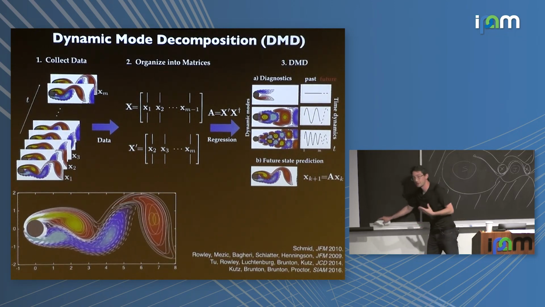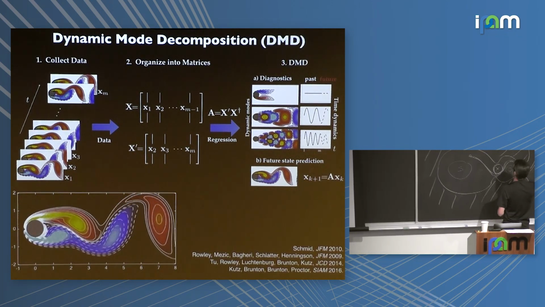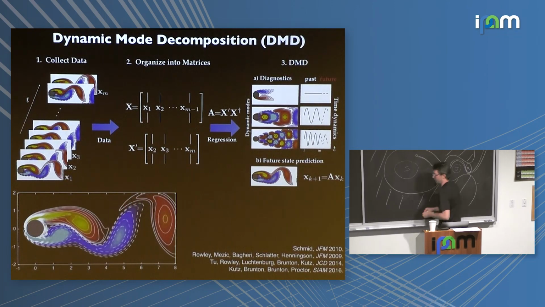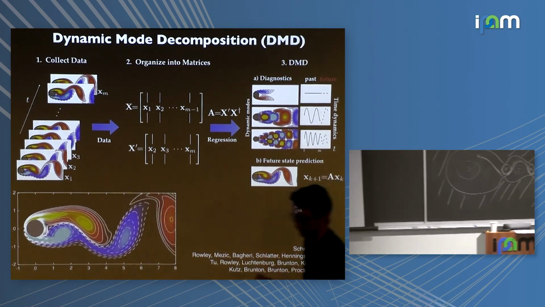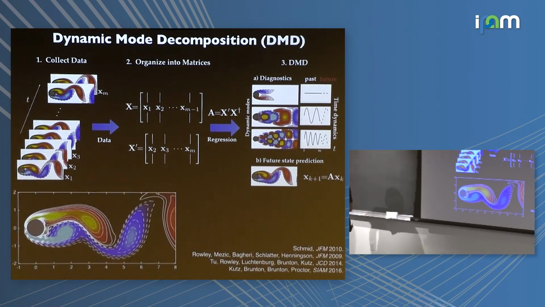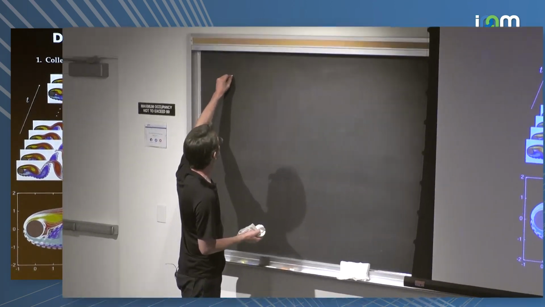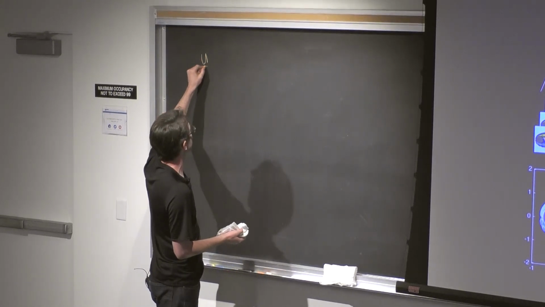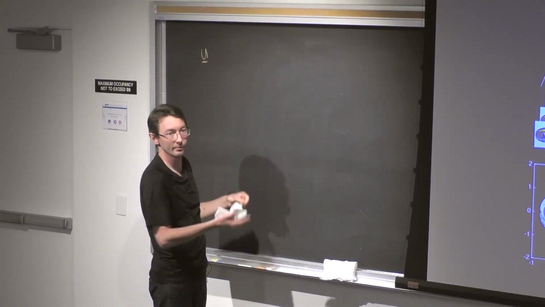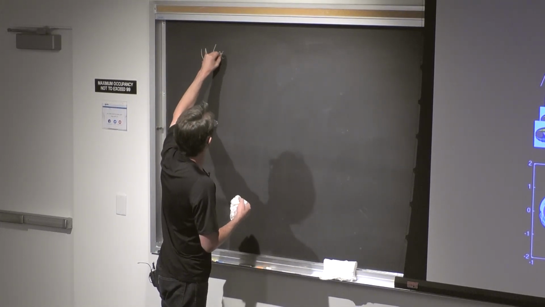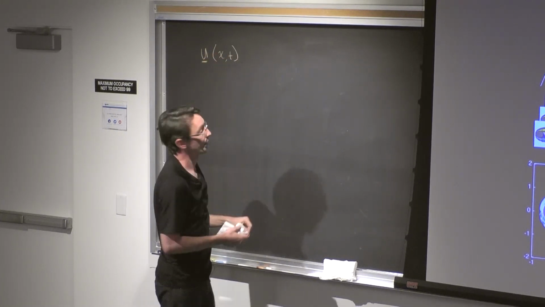Since not everyone works with the singular value decomposition, I want to make some moral comments, maybe moral judgments, I don't know. You have a system, some state of my system U. This is a high-dimensional vector, my flow field, x, whatever. And it's a function of x and t.